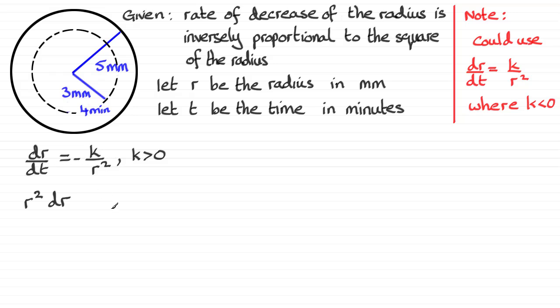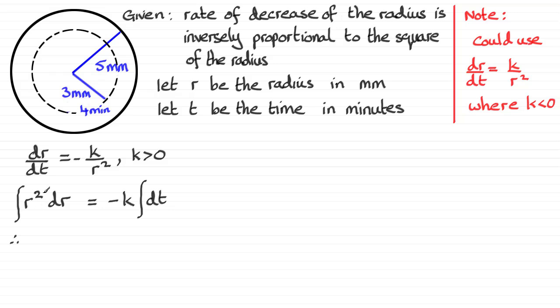It's as if I'm multiplying both sides by dt, and that's going to give me the minus k and the dt. And I'm going to integrate both sides. So I integrate that side, and I could slip an integral out the front here, but this being a constant, it's better really to put the integral after the constant here.